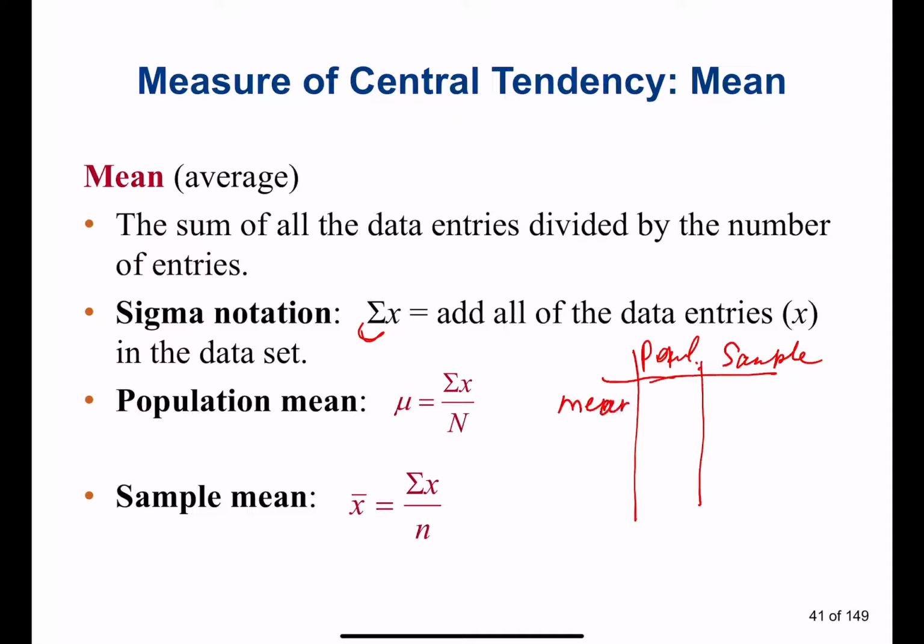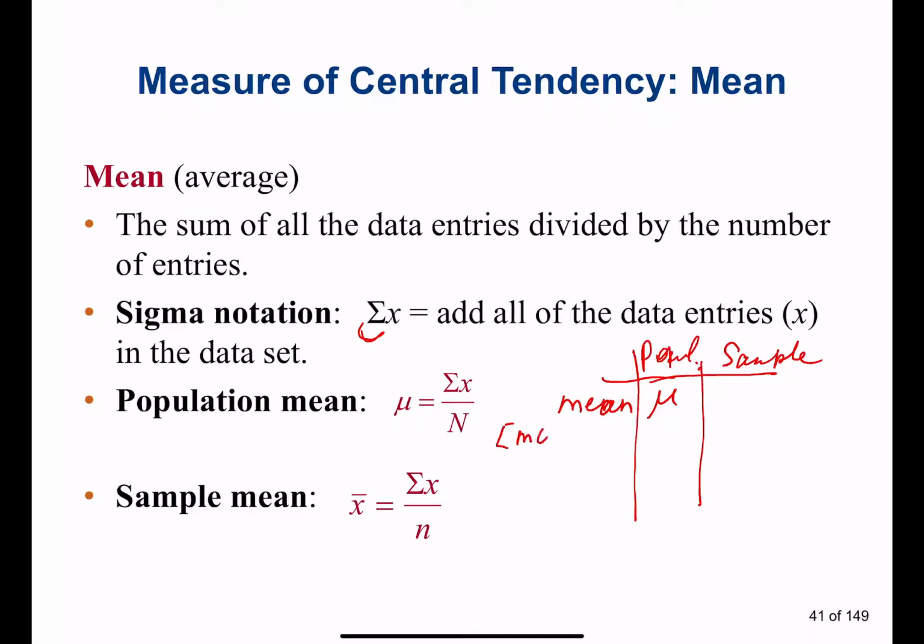So for the population, we notate the population mean as a mu. We read as a mu. Mu, and sample, it's gonna have x bar.